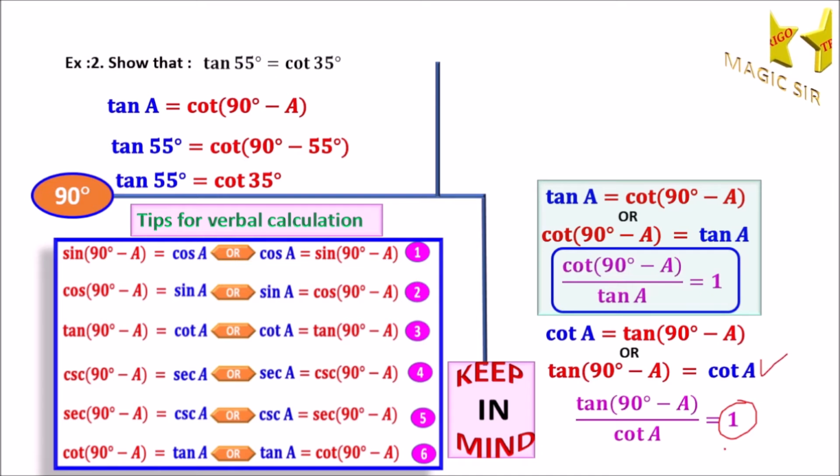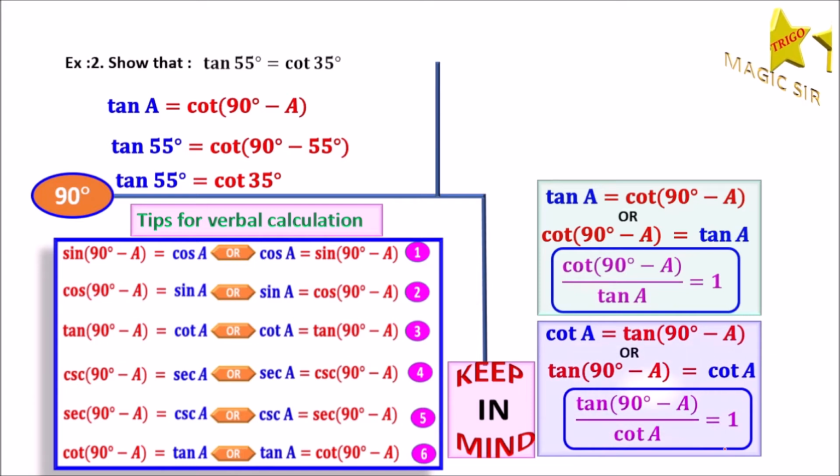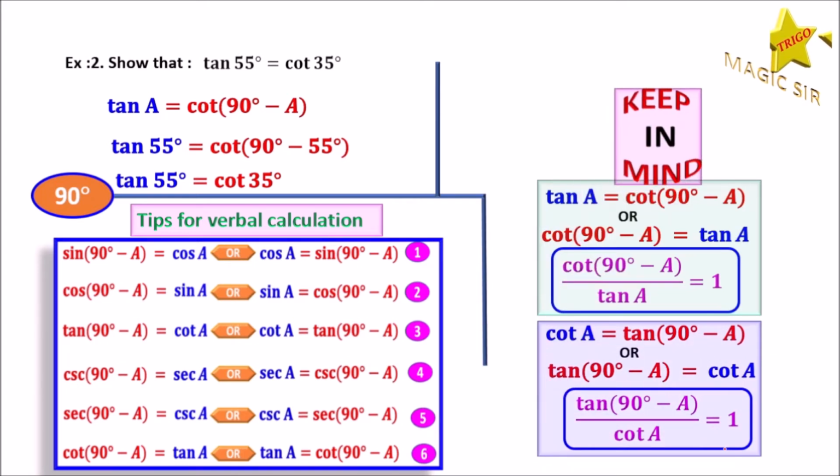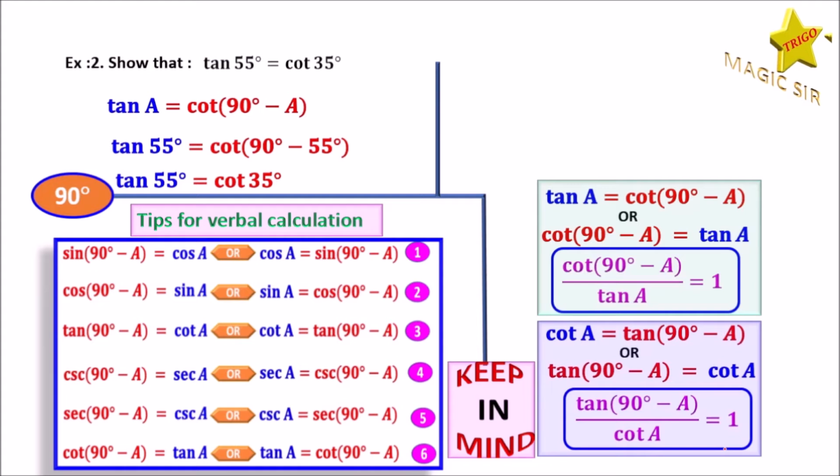Therefore, tan of 90 degrees minus A upon cot A is equal to 1. These are the important results for verbal calculation.